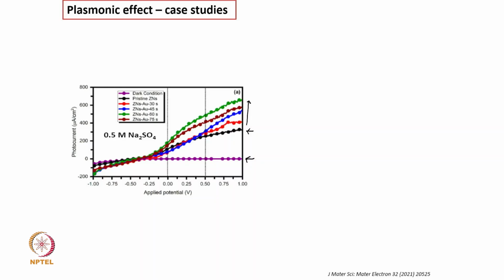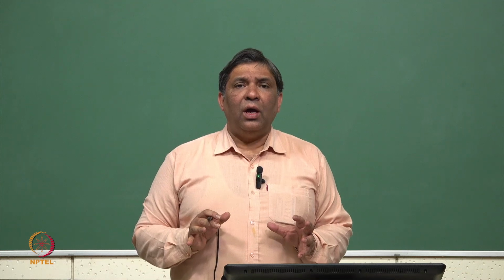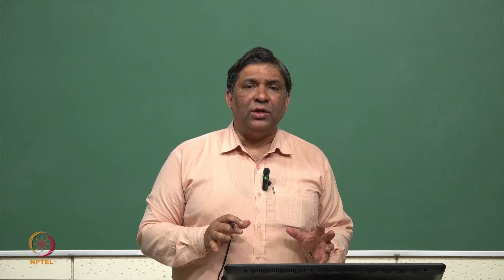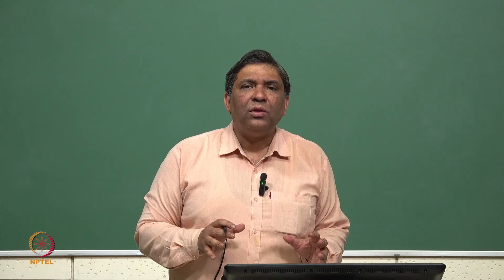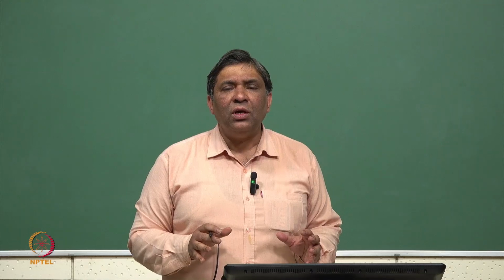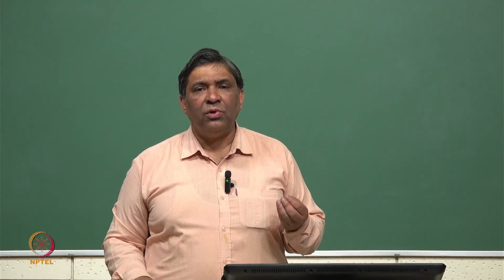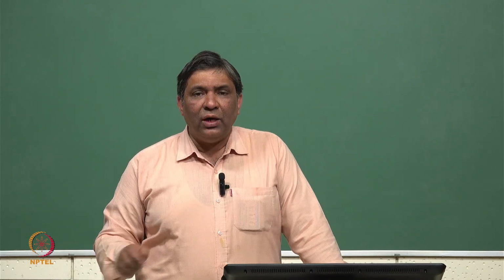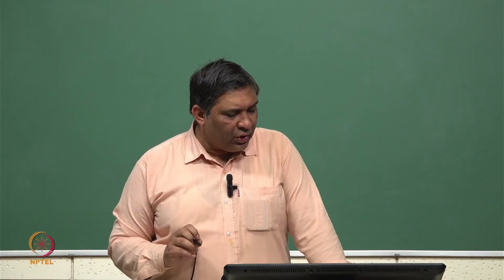Again, as I mentioned, the 60-second one shows the maximum photocurrent density. That means it has maximum absorption and maximum photocurrent density. So this is another way one can design the photoelectrode for better efficiency with better absorption of light. Let me see some more examples.